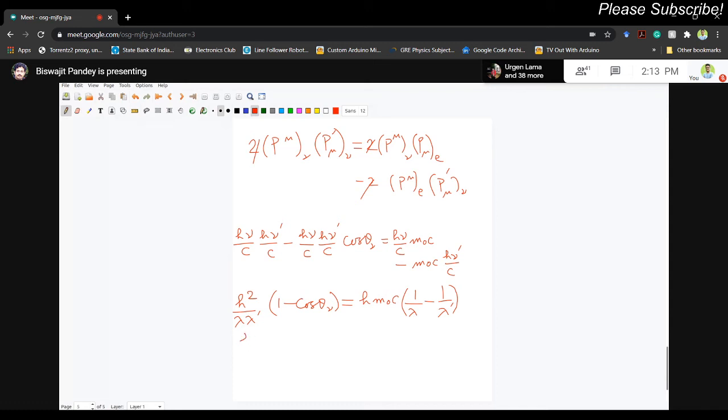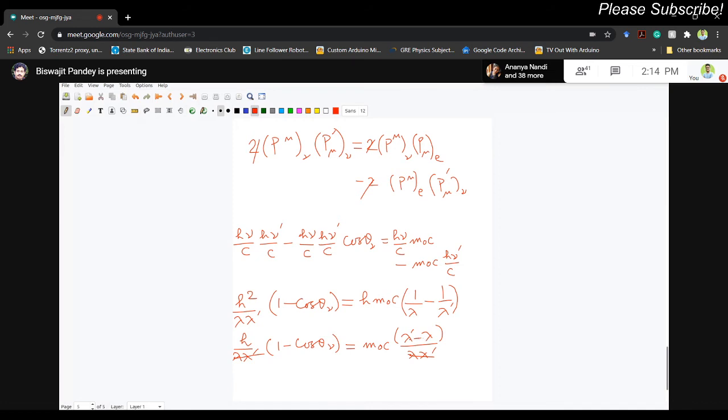So the h cancels, there is h on both sides, so h by lambda times lambda prime, this lambda into lambda prime into 1 minus cos theta nu will be simply m0 c into lambda prime minus lambda divided by lambda lambda prime. You can cancel lambda lambda prime from both sides, right? And you see, what is lambda prime minus lambda? This is the change in wavelength of the photon.